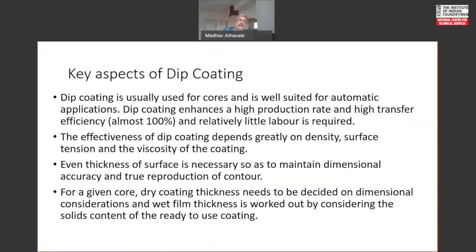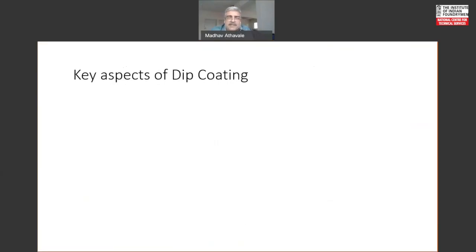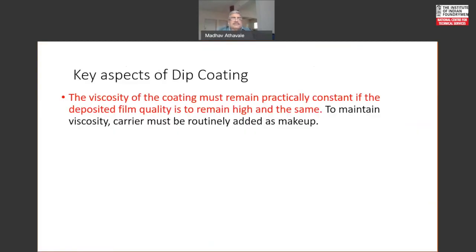As an example, we'll see a wet film thickness gauge, but if you have X as the wet film thickness and you have 50% solids content, then we can fairly assume for an even coating, the dry film coating thickness will be half of the wet film thickness. So that is verified by the foundry during the initial setting of the process.